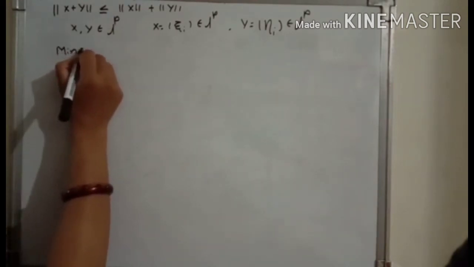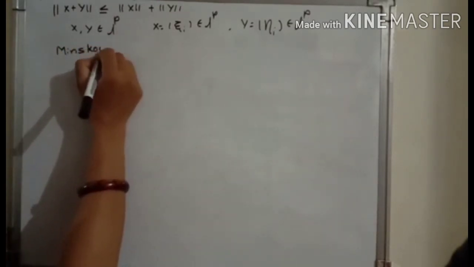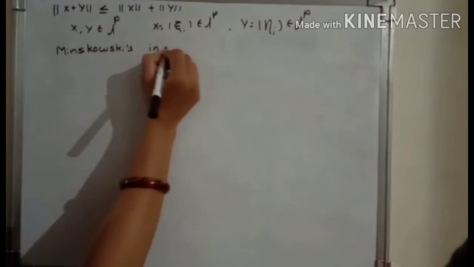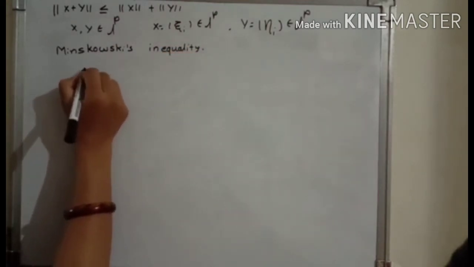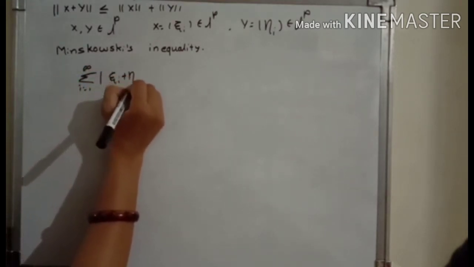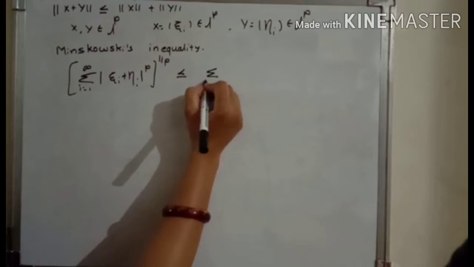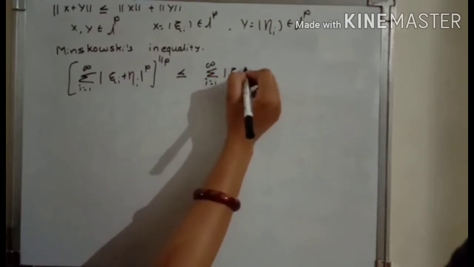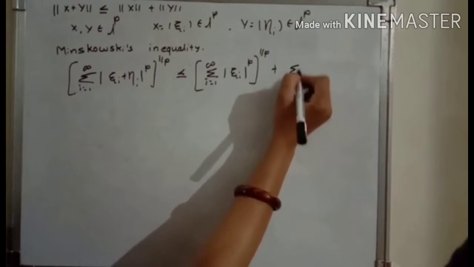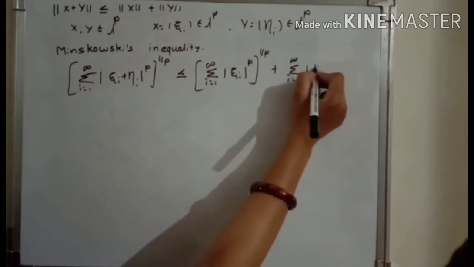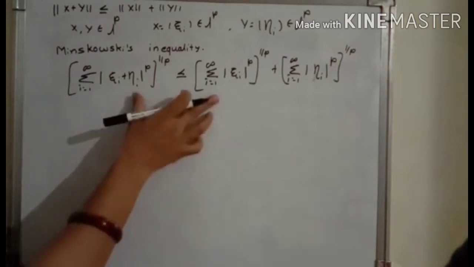Minkowski's inequality says that the summation for i from 1 to infinity of |xi_i plus eta_i|^p, whole to the power 1 by p, is less than or equal to the summation for i from 1 to infinity of |xi_i|^p, whole to the power 1 by p, plus the summation for i from 1 to infinity of |eta_i|^p, whole to the power 1 by p. This is Minkowski's inequality, which we have to use here.